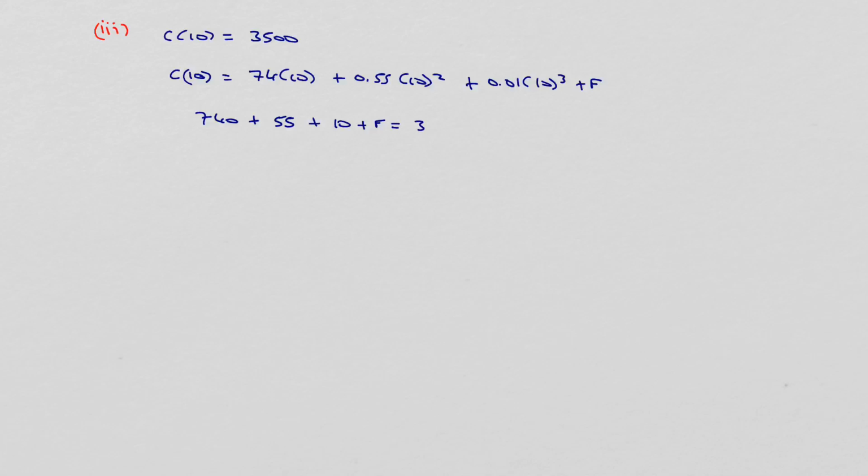So if I put in 10 into my equation, that's basically 74 times 10 plus 0.55 by 10 squared plus 0.01 by 10 cubed plus F. So if I equate these two, I end up with 740 plus 55 plus 10 plus F must equal 3,500. So if I rearrange to get F on its own, I end up with €2,695. And there was 5 for getting out your equation and 5 for solving.